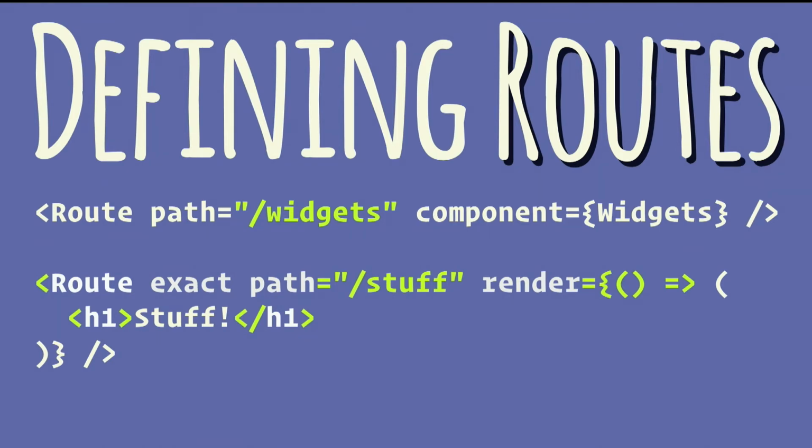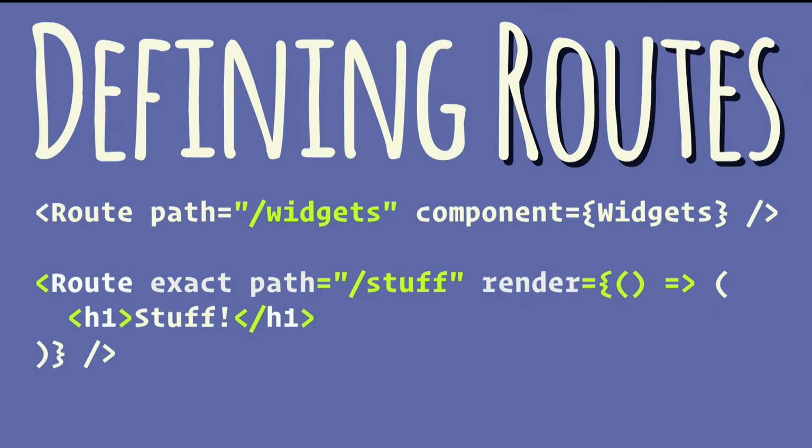And the render prop takes a function that is a render function, which returns JSX. So can anyone think why we might need to use the render prop instead of component? What could we do in the second example that we can't do in the first example? Yeah, but what if we had a prop that had plenty of HTML in it?